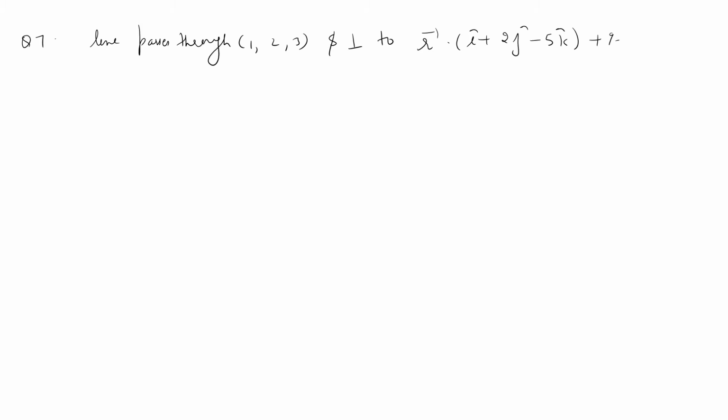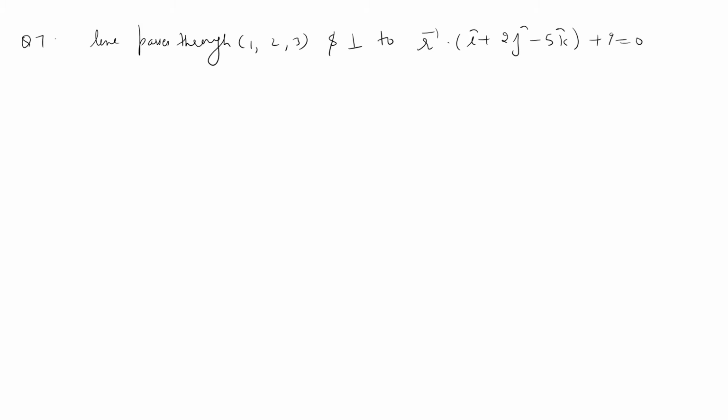Question number 7 says: find the vector equation of the straight line passing through the point 1, 2, 3, and perpendicular to the plane. So you can recognize the difference between the equation of a plane and the equation of a line.